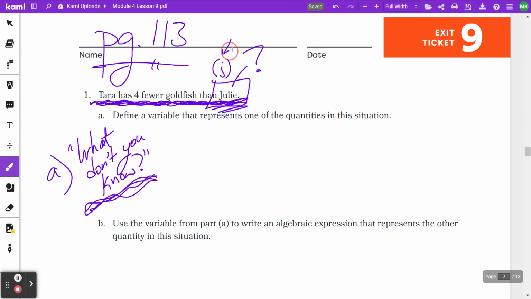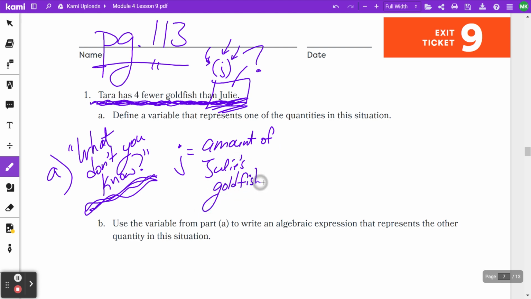I like to put a lowercase j equals, now be very specific when you write this out, equals the amount of Julie's goldfish, like that.